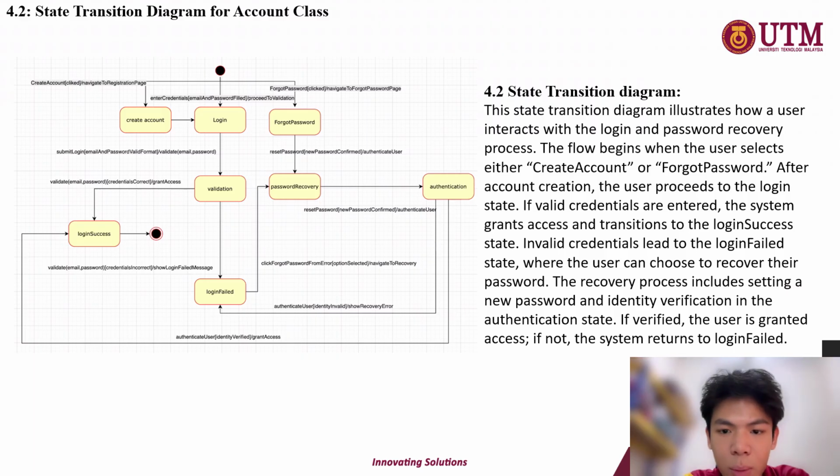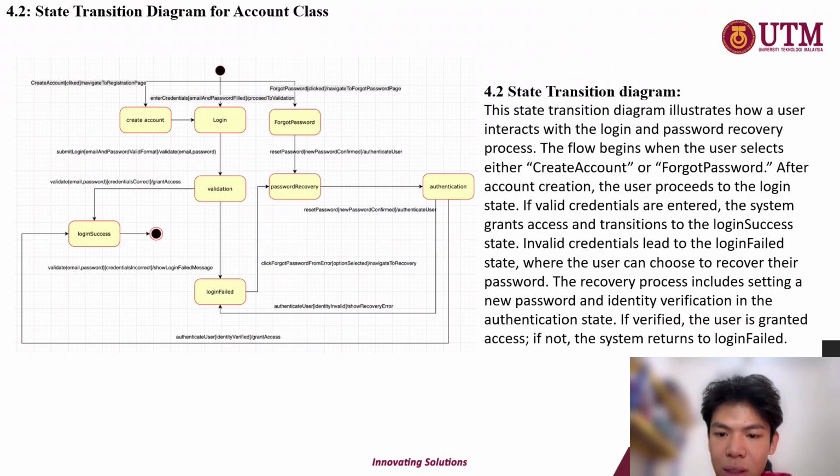Okay, now I'm going to talk about the state diagram for the account class. This state transition diagram illustrates how a user interacts with the login and password recovery process. The flow begins when the student user selects either create account or forgot password. After the account creation, the user proceeds to the login state. If valid credentials are entered, the system grants access and transitions to the login success state.